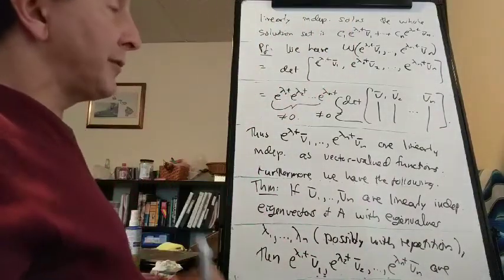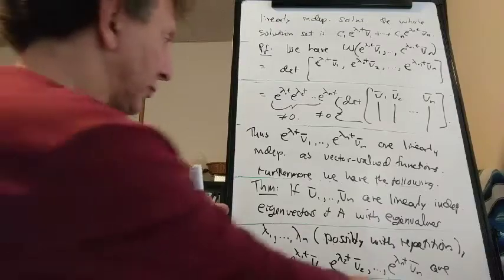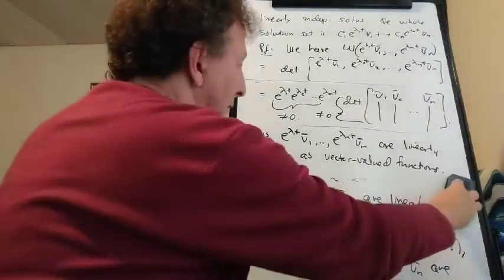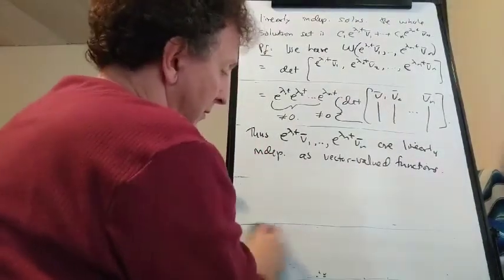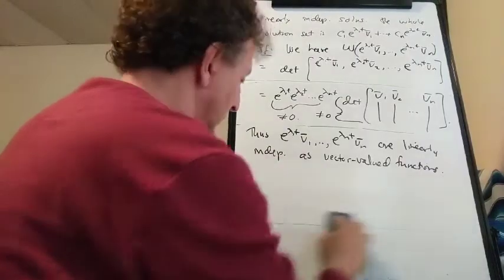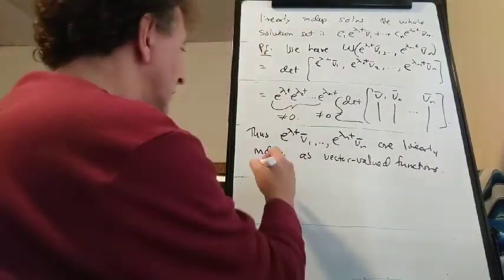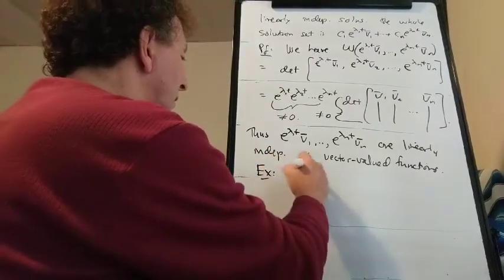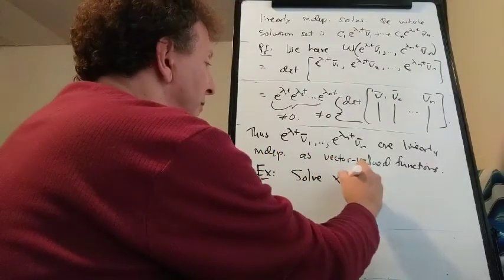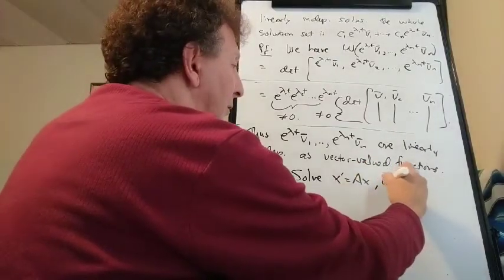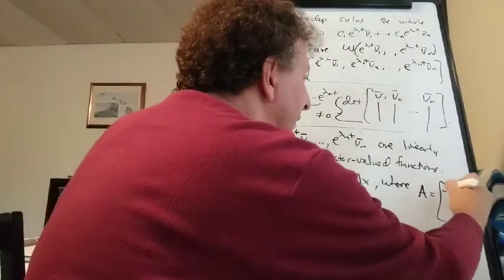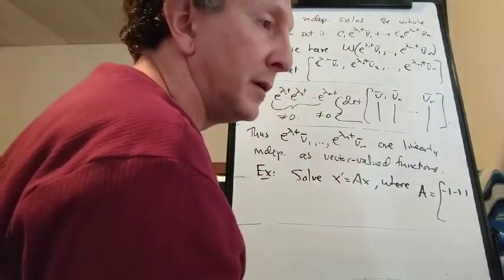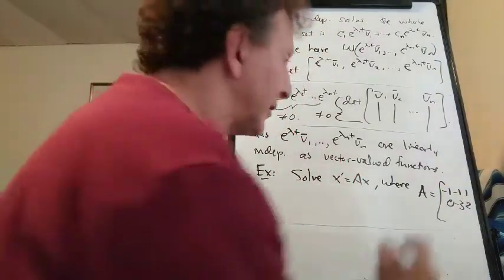All right, so now that we know how to find some solutions, let's do an example. Let's solve x prime equals Ax, where A is the matrix [-1, -1, 1; 0, -3, 2; 0, -5, 4].